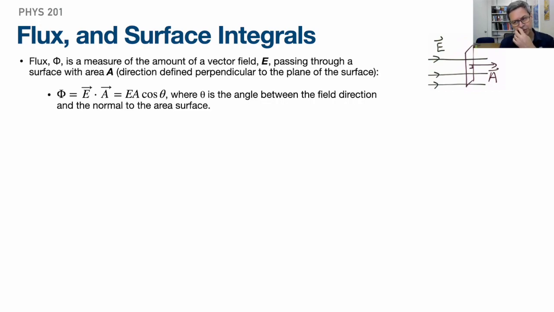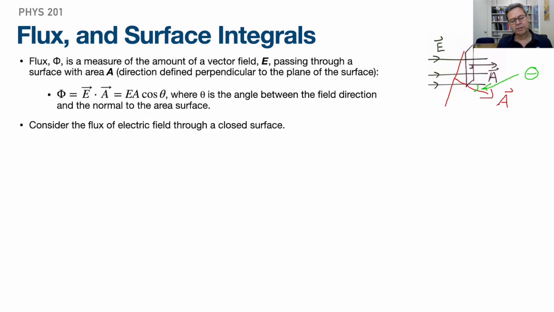So in this case, they're completely parallel, so it would just be the product. Of course, if I had the area vector tilted a bit, as drawn here, if A was going down, then this small angle between the area vector direction and the electric field direction would be what I call theta.